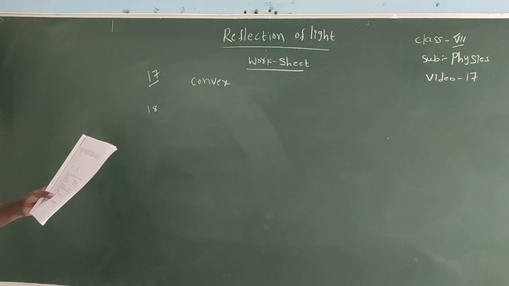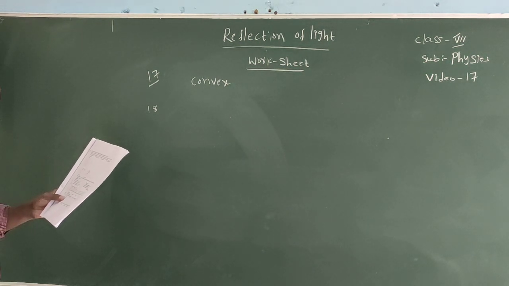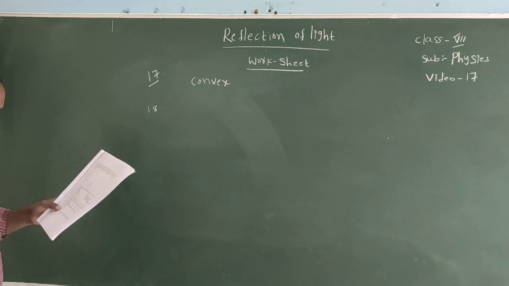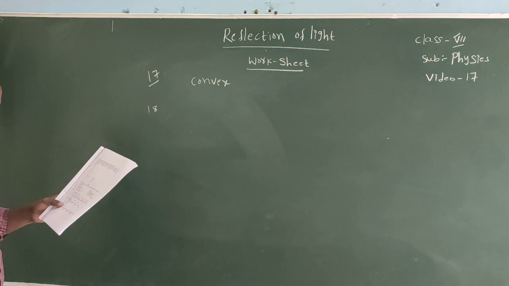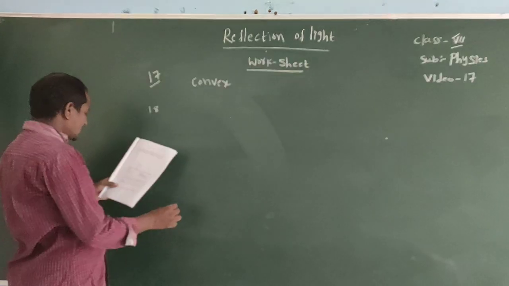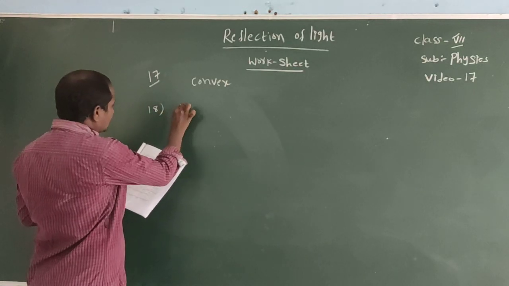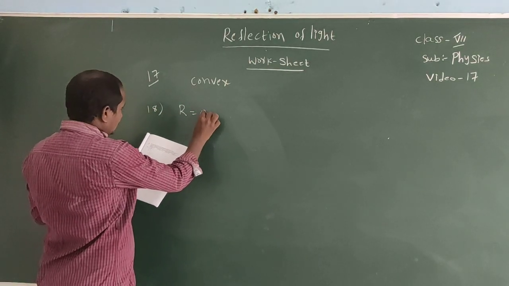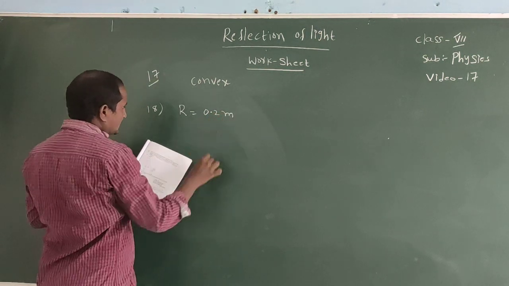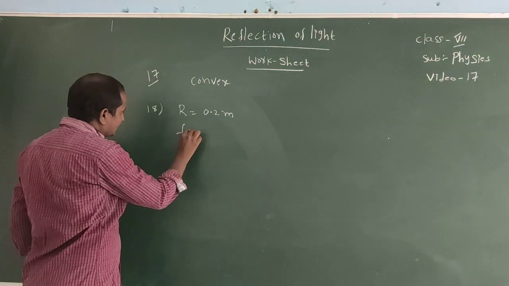A concave mirror has a radius of curvature 0.2 meters. Then its focal length is... So here R equal to 0.2 meters. Then find the focal length.